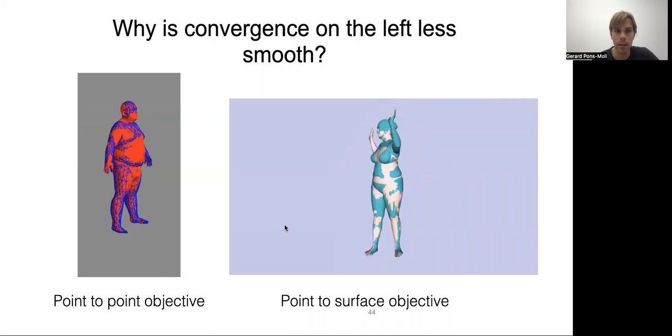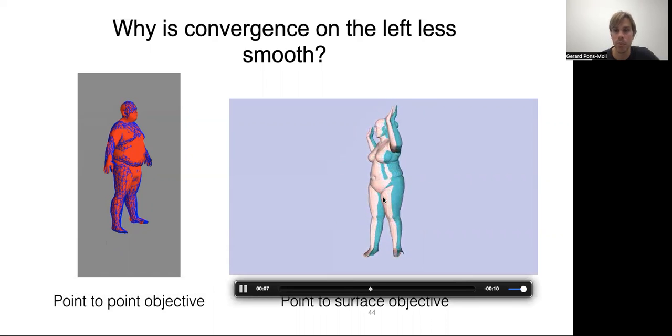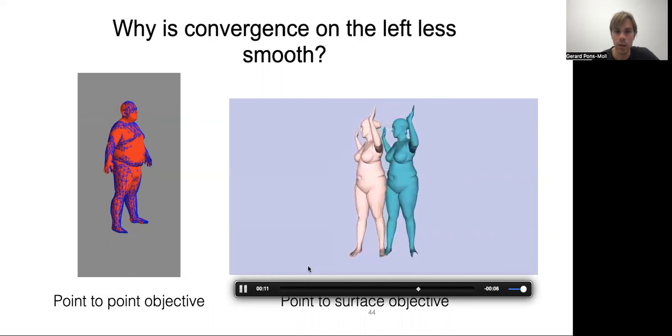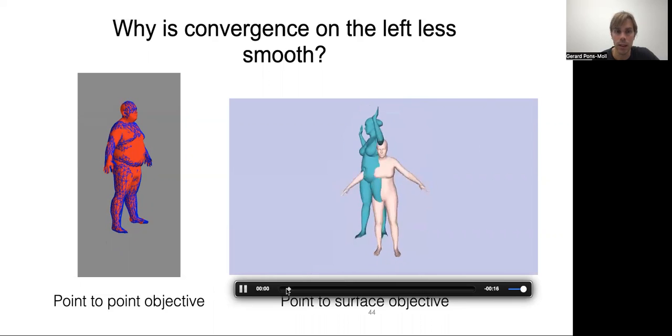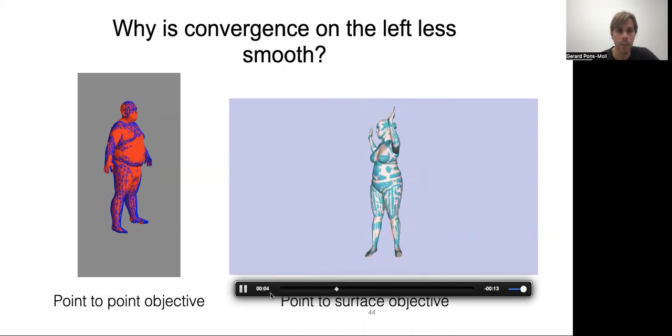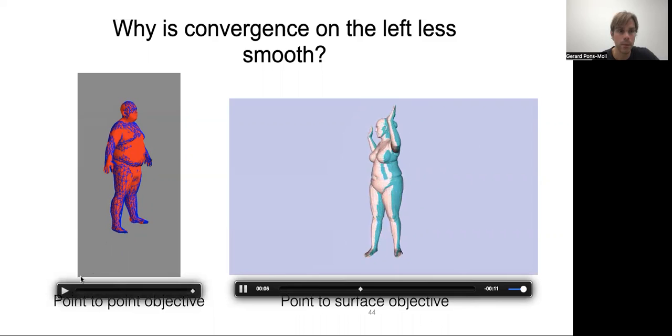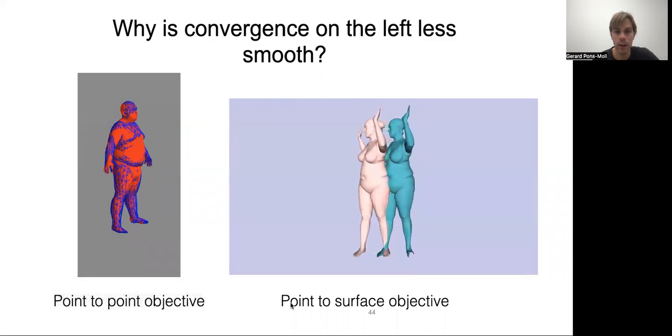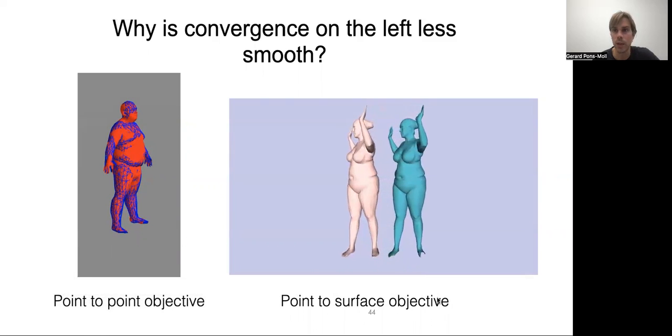The pose is much more complicated, so it seems like a harder registration problem. But this registration here seems to converge much more smoothly, right? There's less jumping back and forth. Why do you think this is the case? Here I'm using a point-to-point objective, and here I'm using a point-to-surface objective.